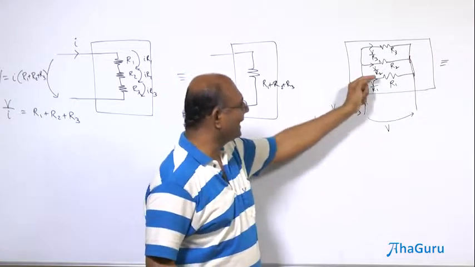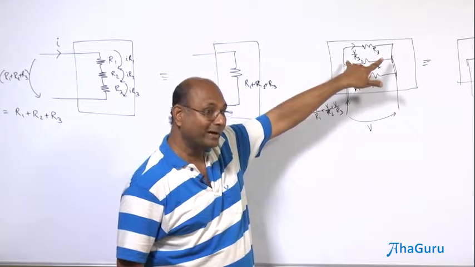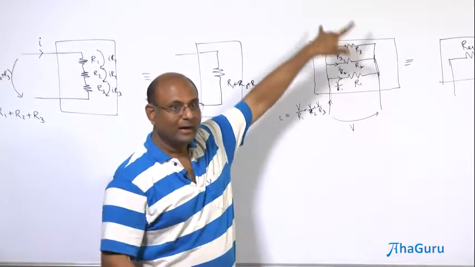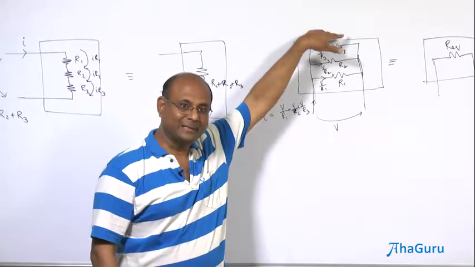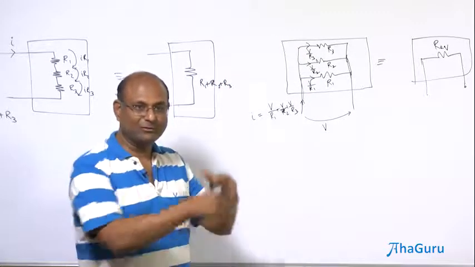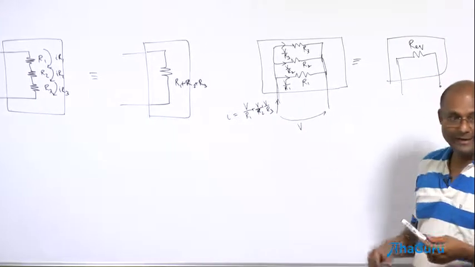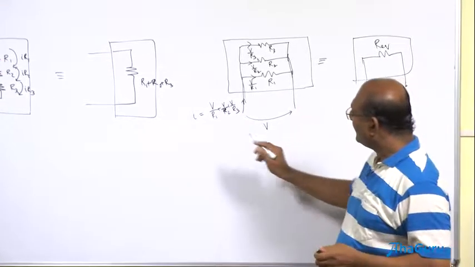Because if I assume this to be I1, what will that be? I1 R1 by R2. I1 R1 by R3. Then this current plus that current plus that current will be I. So we'll have to do a bit more messy math. This makes it look a little neater. How is it neater?